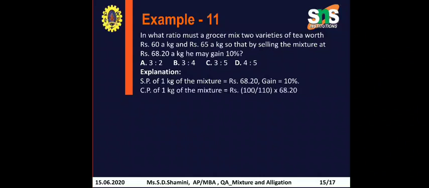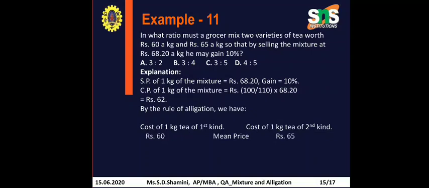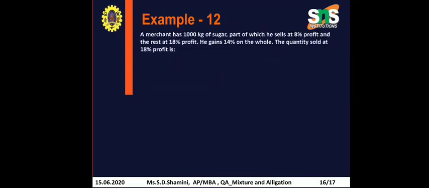Cost price of 1 kg of mixture equals 100/110 into 68.2, as the gain is 10% and the actual price is 68.2, which is rupees 62. By the rule of alligation, if you calculate this, you'll get the required ratio as 3:2. So the correct answer is option A, 3:2.